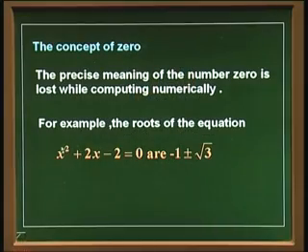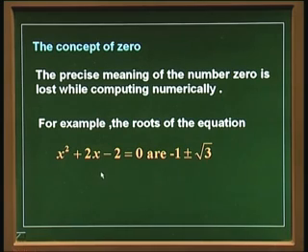Similarly, we also have a concept of 0. What is 0 on a digital machine? For example, let us take this quadratic equation, x squared plus 2x minus 2 equal to 0, and the answers are minus 1 plus minus root 3. We know that, we can solve this.